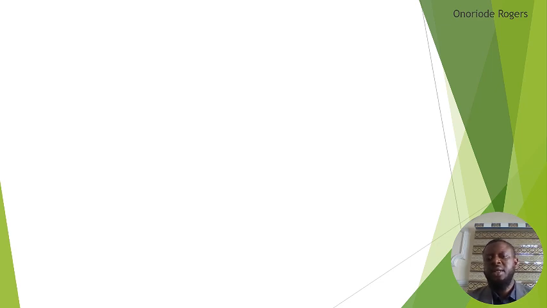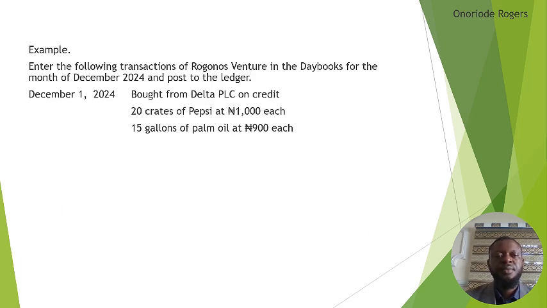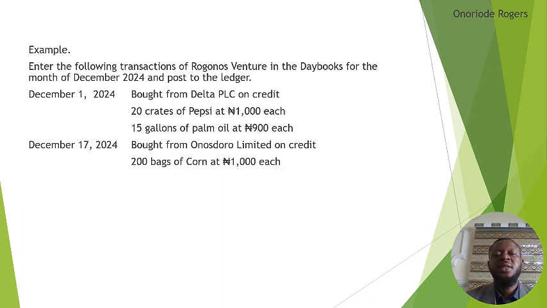Okay, now let's consider this example. Enter the following transactions of Revolut Venture in the day books for the month of December 2024 and post to the ledger. December 1st, 2024, bought from Delta PLC on credit 20 crates of Pepsi at 1,000 naira each, 15 gallons of palm oil at 900 naira each.